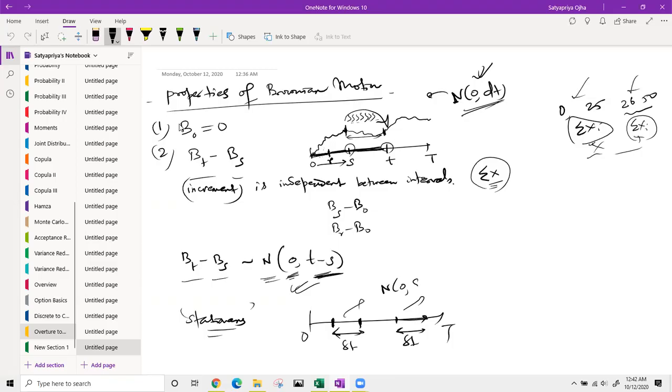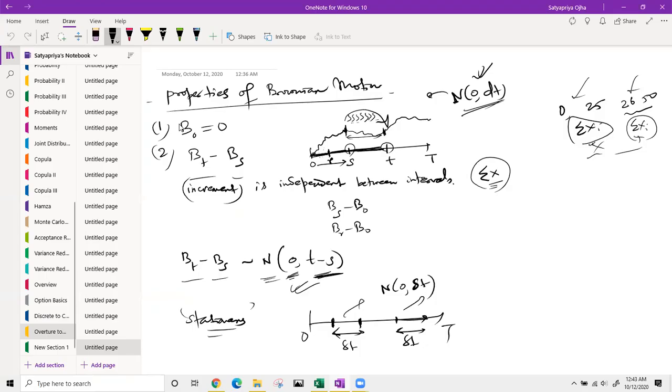Stationary means this. It does not depend on what time point you are looking at. The variance of the distribution is only dependent on the time lag.